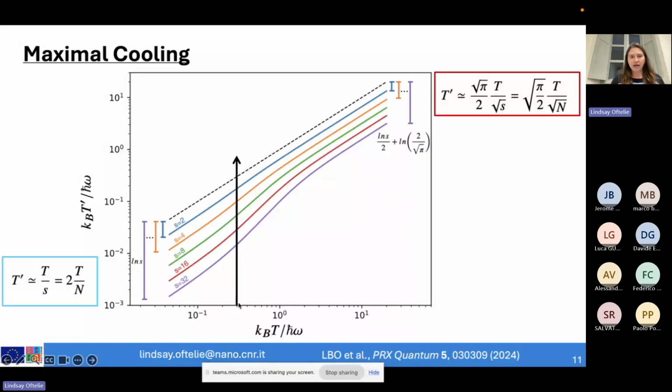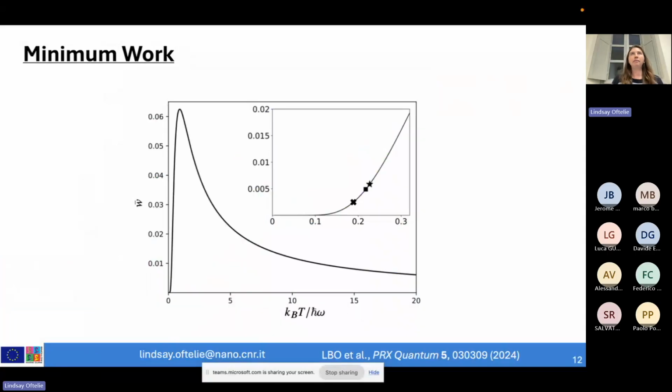In fact, if you look at the initial temperature of most current quantum computers, it falls in this area. So you see it's really at the start of this more efficient, more effective cooling regime. So this is great. Dynamic cooling should indeed be re-explored for our current quantum computers.